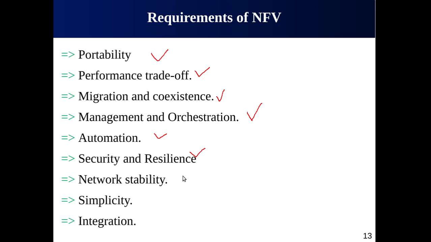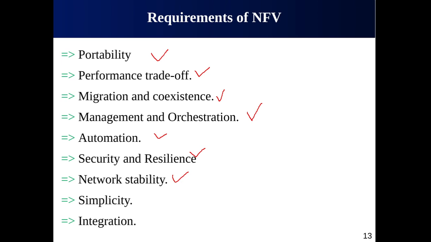Stability is another thing. We need to ensure stability of the network. As we are dealing with a large number of virtual appliances between different hardware vendors, and we are using hypervisors as well, this is particularly important: your network must be stable. Why? Because sometimes you would need to reallocate the virtual machines.